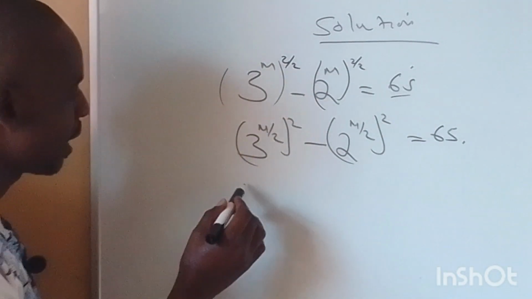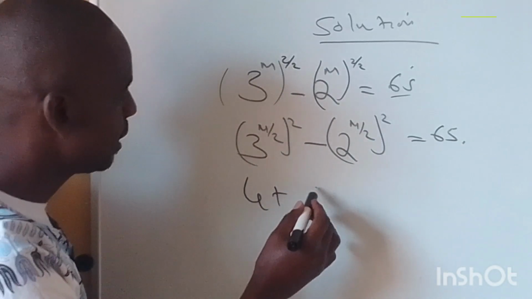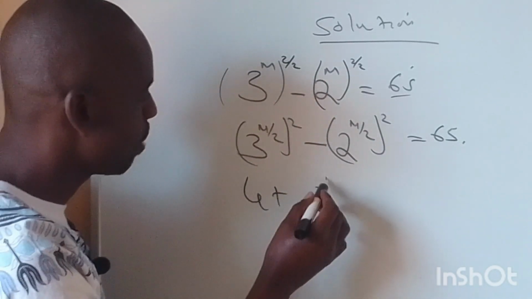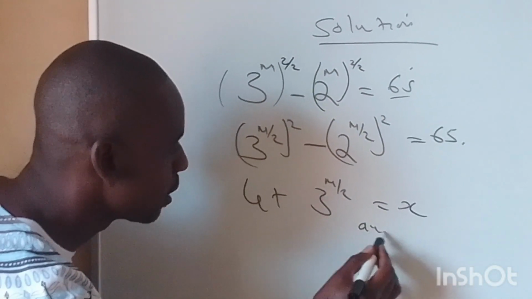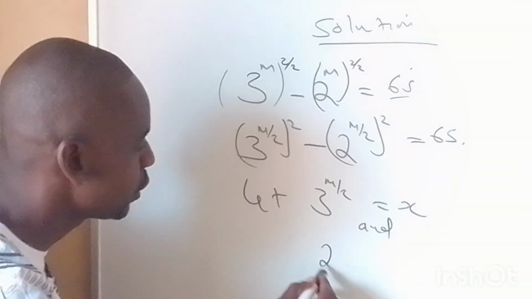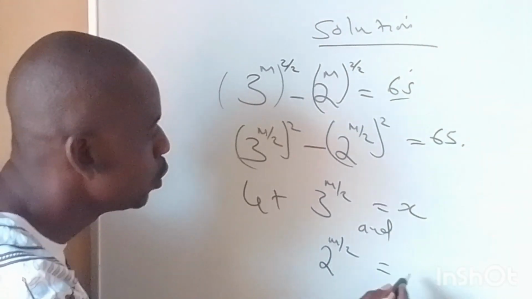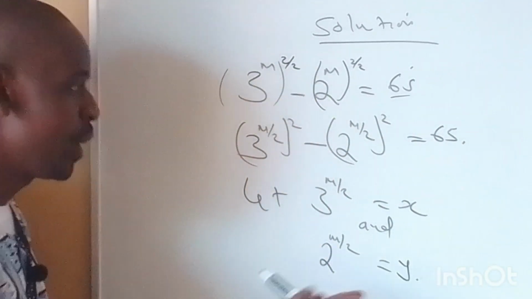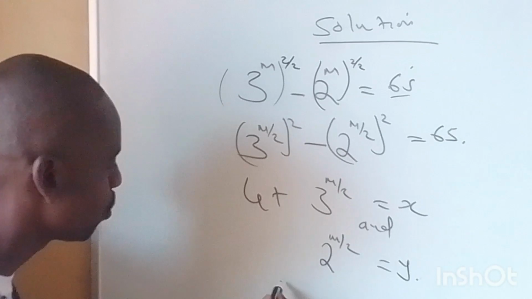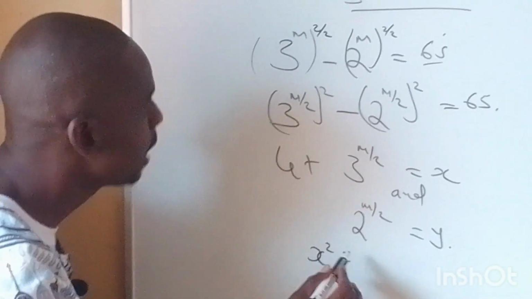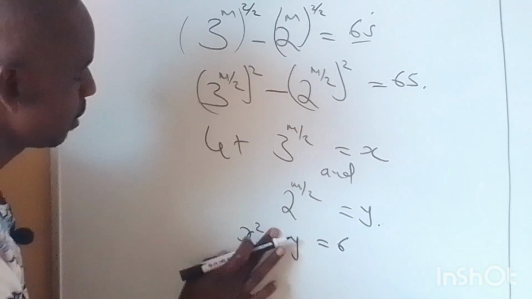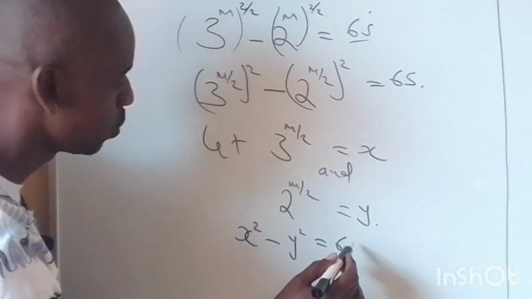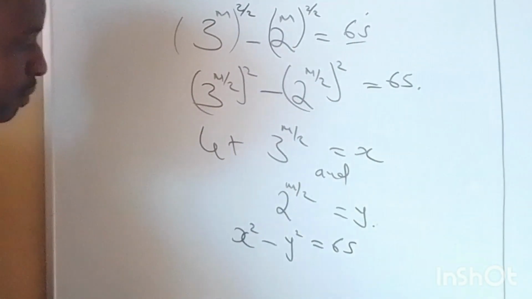So I'll let 3 raised to m over 2 be x, and 2 raised to m over 2 be y. So when you put it back, we have x squared minus y squared is equal to 65.